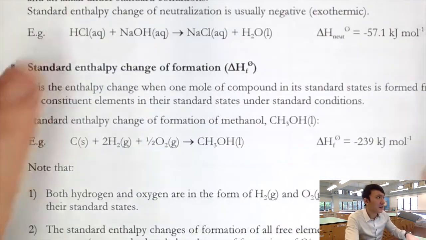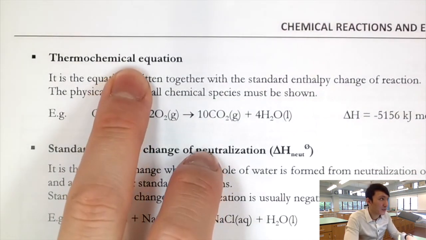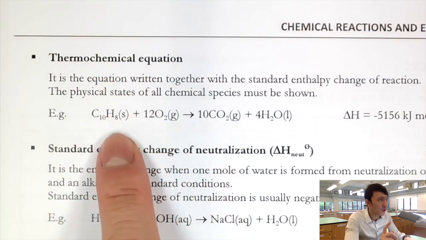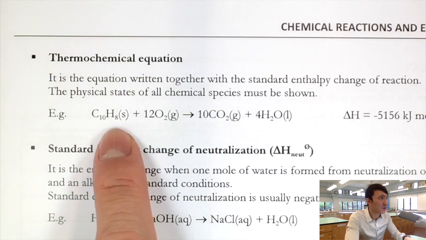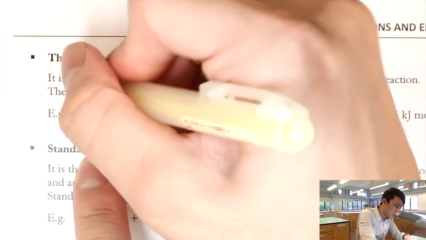On the right-hand side here, we have something called a thermochemical equation. What is the difference between a chemical equation and a thermochemical equation? There are mainly 2 differences. One is that for a thermochemical equation, you must show the physical state.